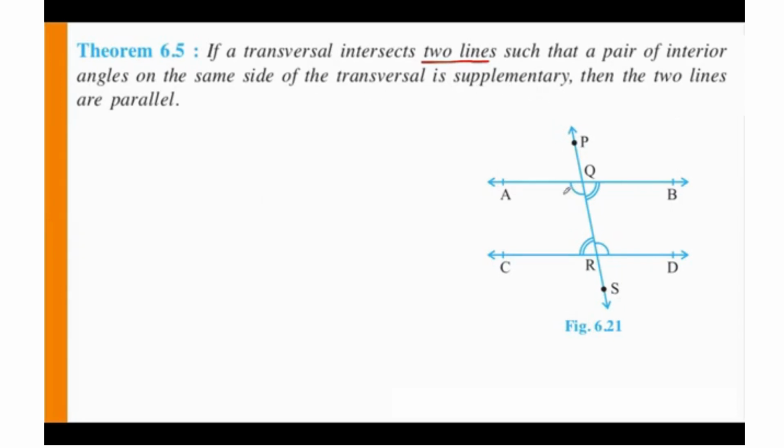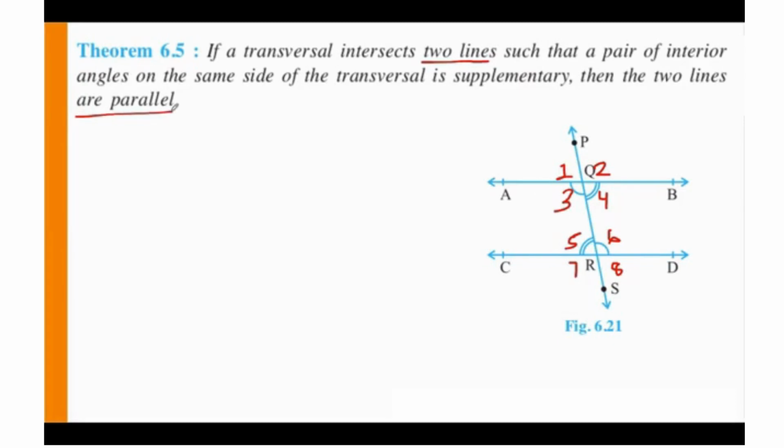Let us number the angles again: 1, 2, 3, 4, 5, 6, 7, 8. So let us say that 3 plus 5 is 180. It is given to us that angle 3 plus angle 5 makes 180. We need to prove that the two lines are parallel.